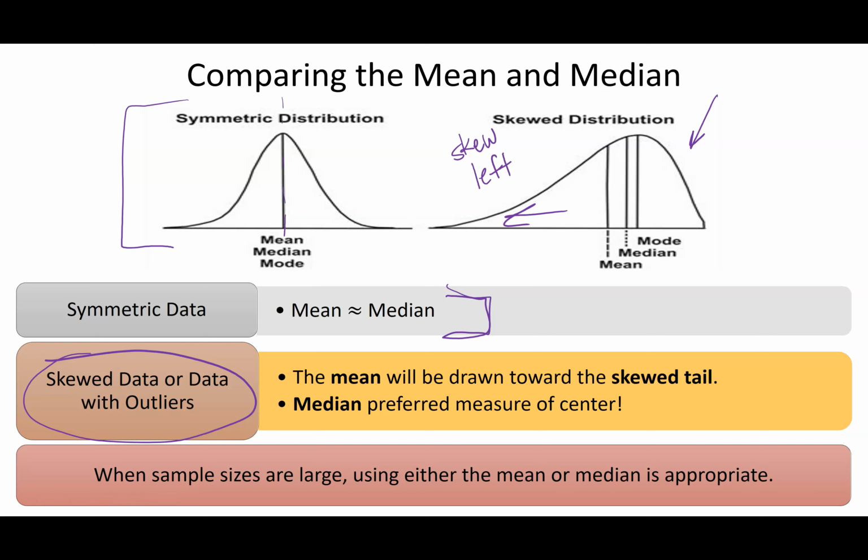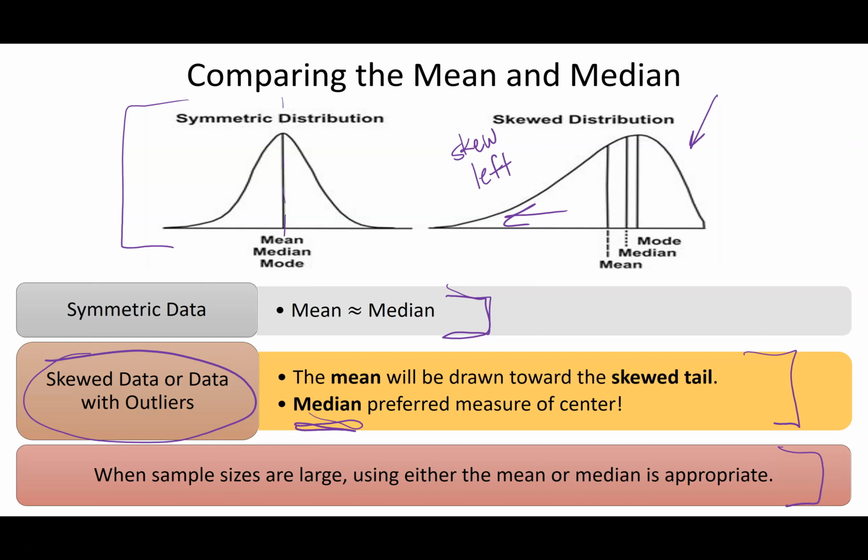One way to think about it: salaries at a company are almost always skewed because you have a lot of folks making lower wages and then you have a few folks up top making really high wages. Take Amazon for example, you're not going to want to have a sample with Bezos in it because he makes so much more than everybody else, he will pull the mean way over in his direction. So you're going to want to use median if you have a very skewed distribution or if you have extreme outliers.